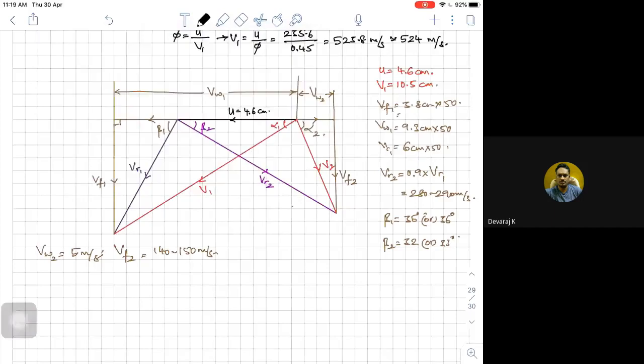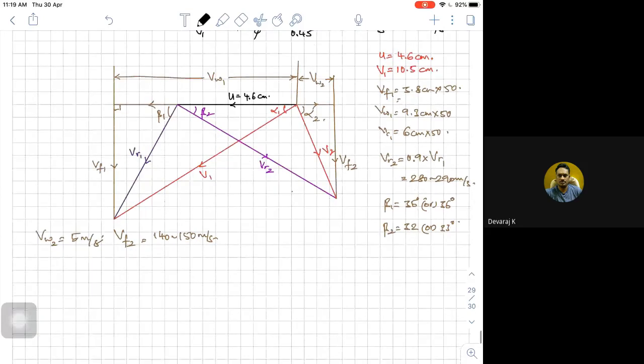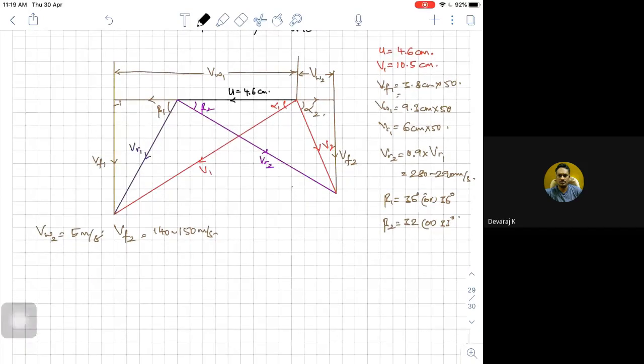So you calculate all the things based on the scales. You got beta 1, you got beta 2, you know alpha 1, you can find alpha 2. Then delta VW is VW1 minus of minus VW2, that is you add up. Then axial force is VF1 minus VF2 multiplied by mass flow rate.